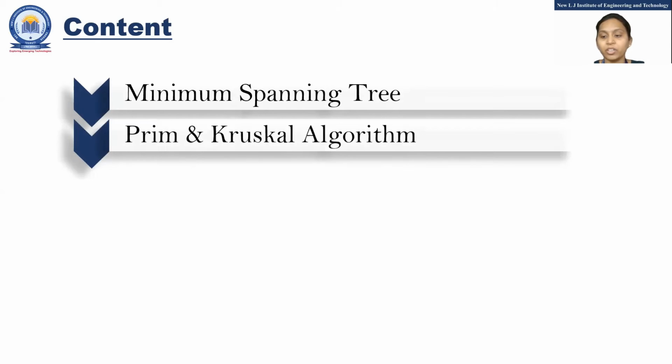Different spanning trees can be created, but from them we have to find which spanning tree has the minimum cost associated with it. All these things will be understood in detail, and two algorithms we will try to understand with the help of basic understanding. Now let's start.